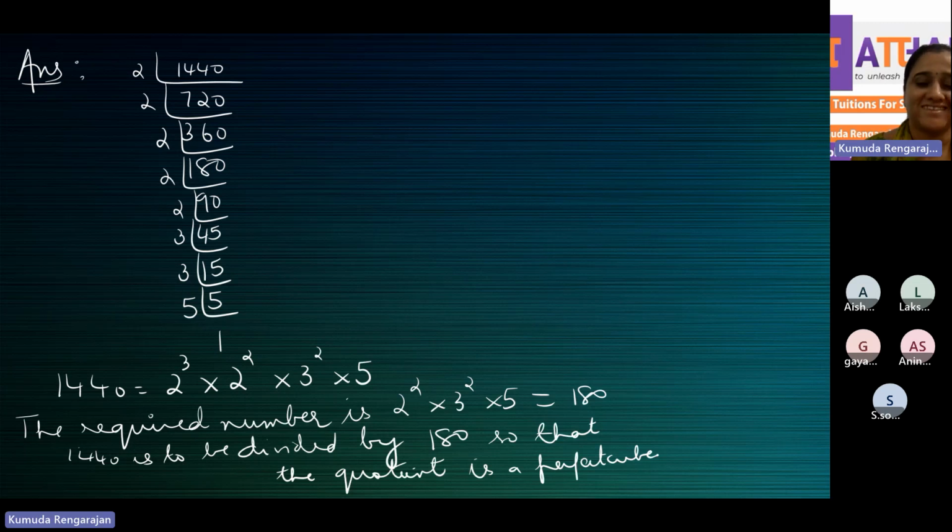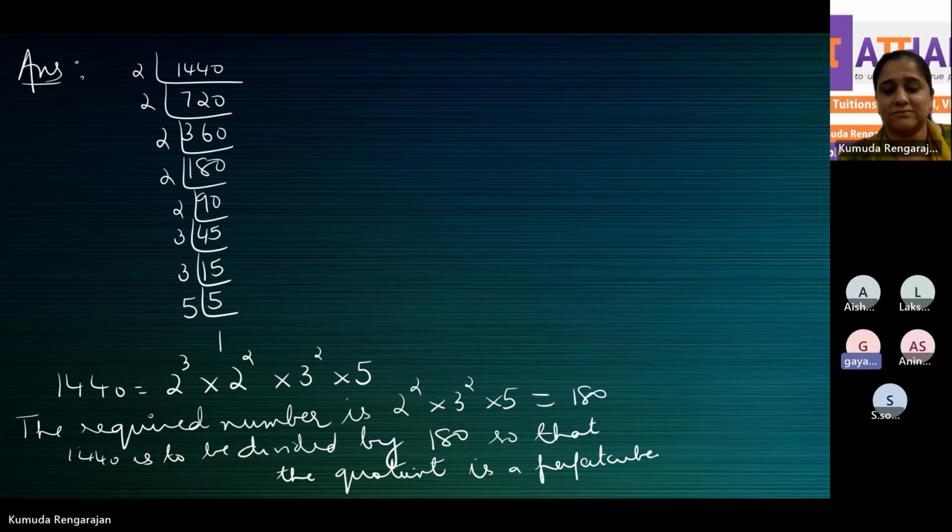Quotient. Have you written that in your book? Quotient, that is. In case you've gone wrong with the spelling, please correct it. So that the quotient is a perfect cube. Okay, I'll try to write neatly.